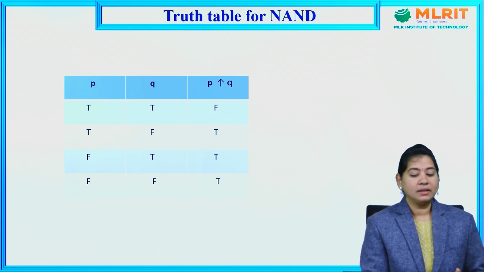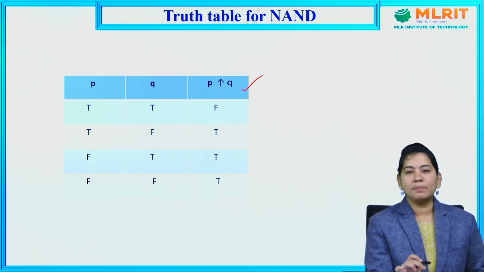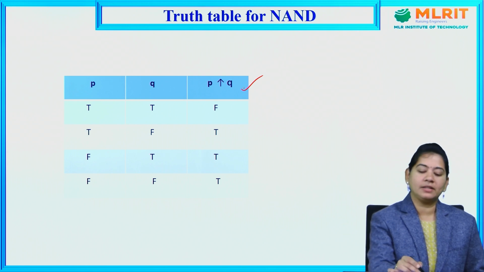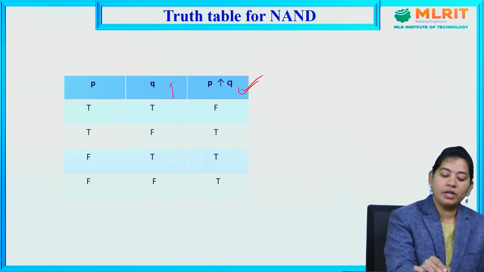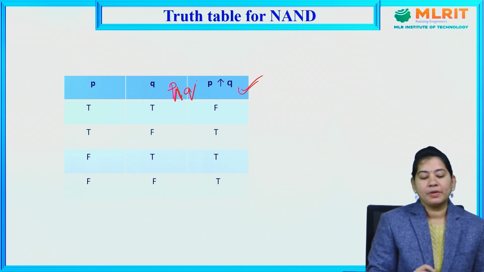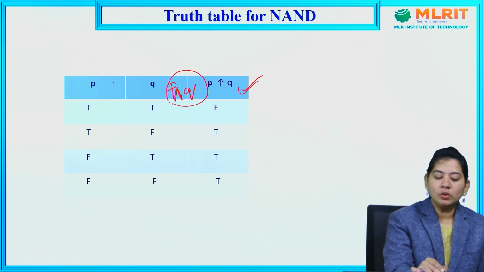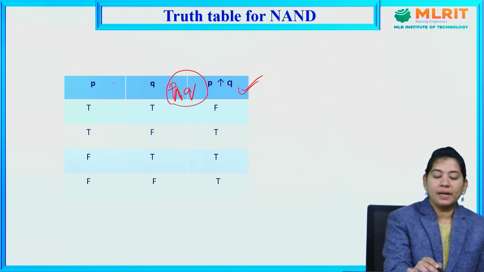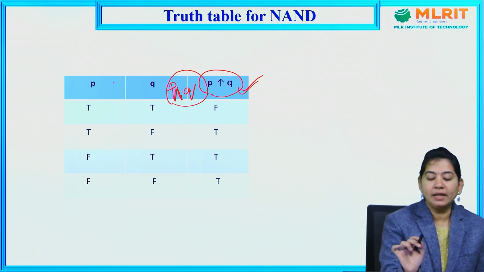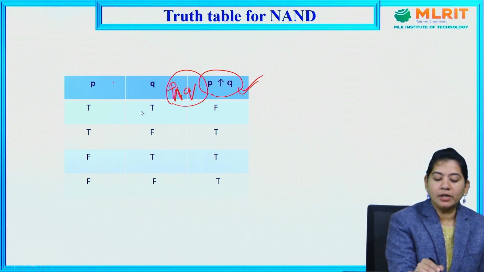What is the truth table for NAND? NOT and AND means applying negation to the conjunction gives the NAND. So after P and Q, first of all you need to write down the resultant values of P and Q. Then applying negation to P and Q, you will get P NAND Q. If you observe, true and true, you will get true.